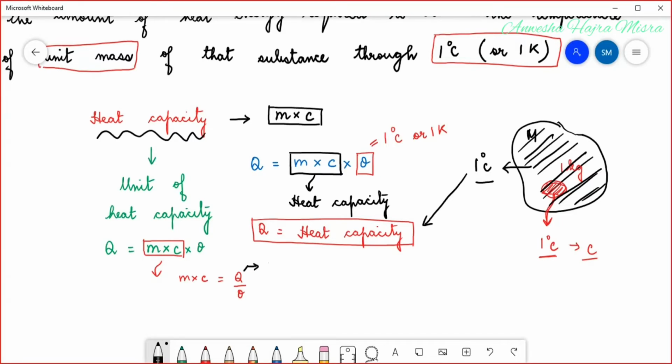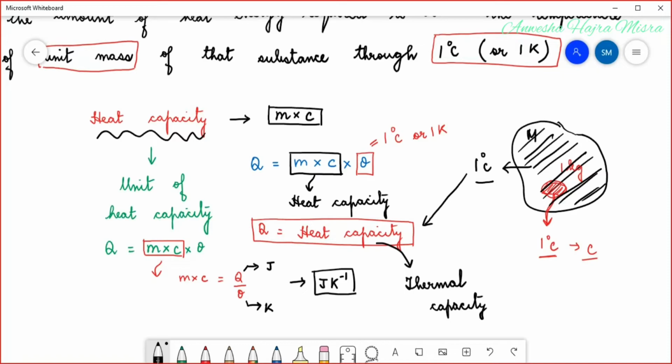Q has the unit joule, theta has degree Celsius or Kelvin. So the unit of heat capacity will be joule per Kelvin. Heat capacity is also known as thermal capacity. Thermal capacity is an alternative word for heat capacity.